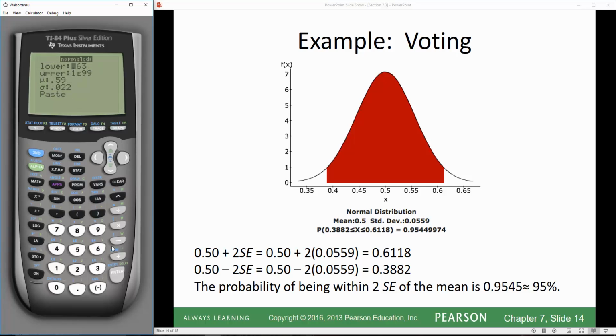My lower bound is 0.6118. My lower bound is 0.3882, as calculated here. My mean is 0.5. My standard deviation is 0.0559. So go down to paste.